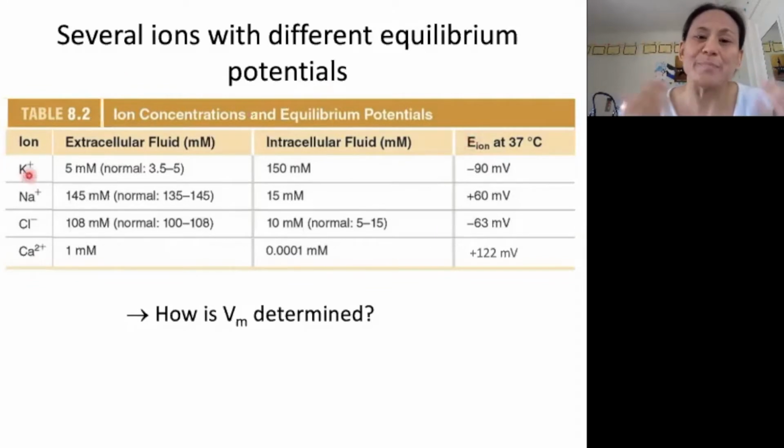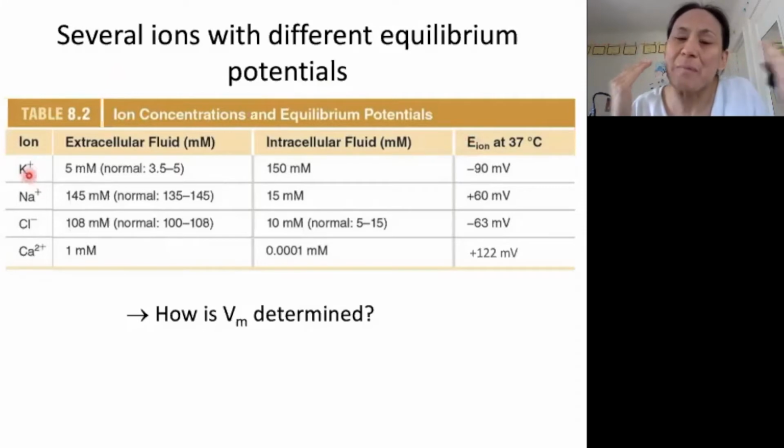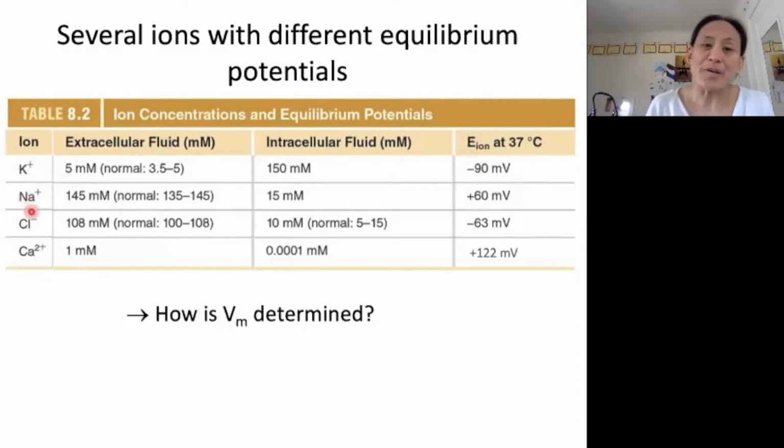So potassium basically wants the membrane potential to be at negative 90 millivolts. Sodium wants the membrane potential to be at positive 60 millivolts. And by wants, I mean it's happiest, it's going to be at equilibrium at that value for membrane potential, and so on. And all of these numbers are very different from each other.